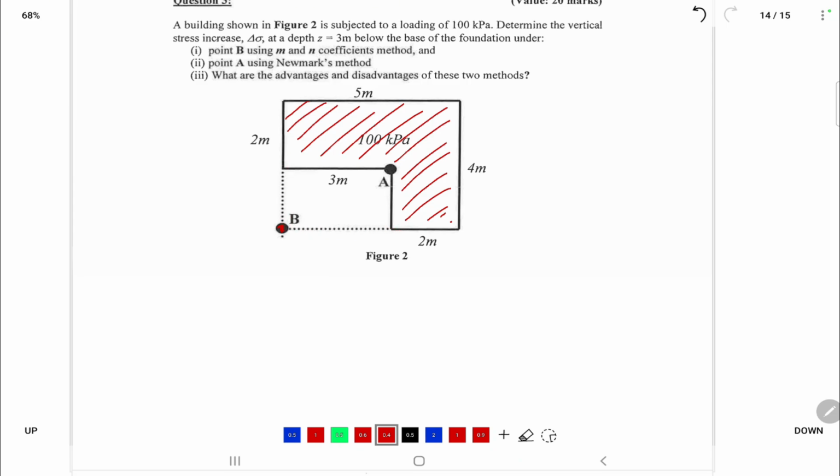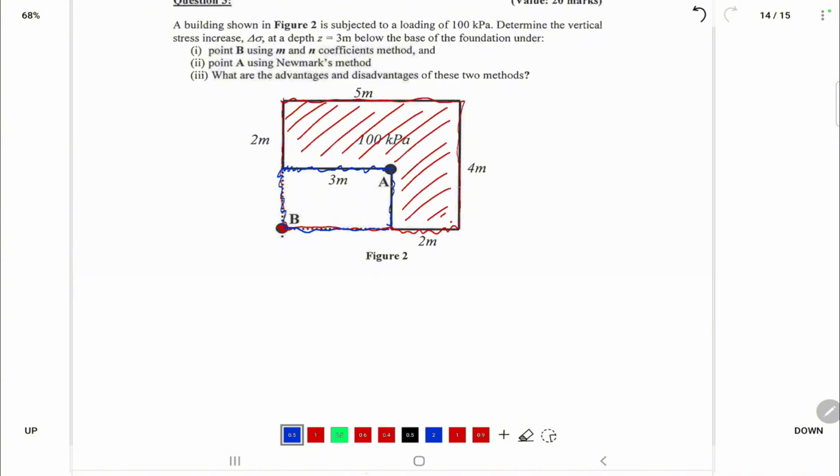I completed it here, so I got two rectangles. One is this large rectangle, and another is this smaller rectangle.